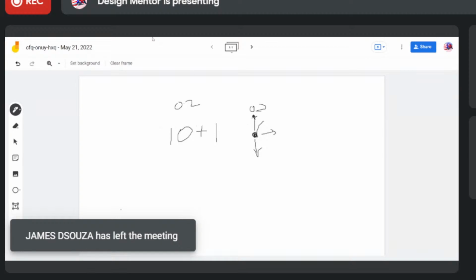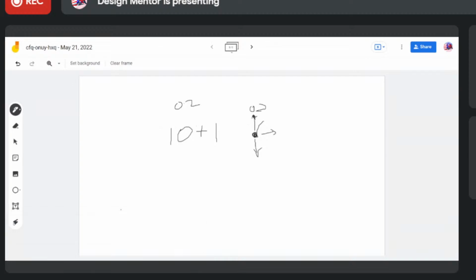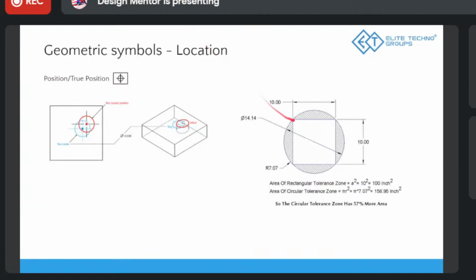But what used to happen due to this is it formed a square zone. So you can have that, but it's better to have a circular zone, because you have more space. The shaded region is the extra space if you use circular tolerance, right?